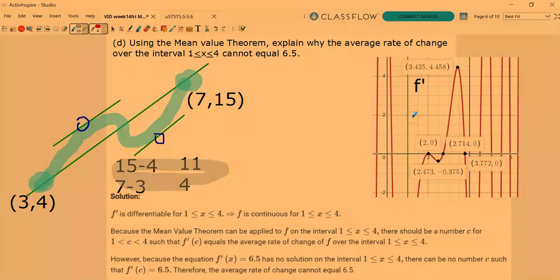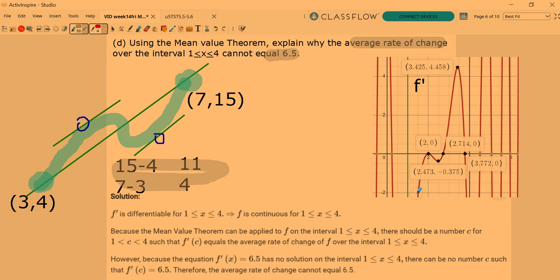The most direct and simple answer is this: the average rate of change cannot equal 6.5. Look at the graph of slopes; there's no y value that is 6.5. Let's say the slope between the endpoints is 6.5.